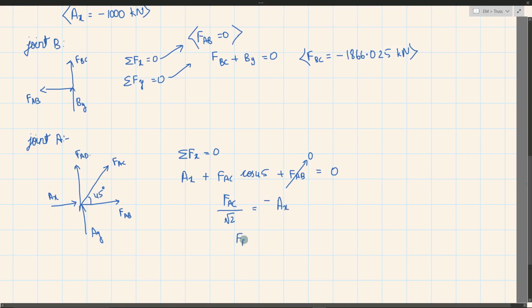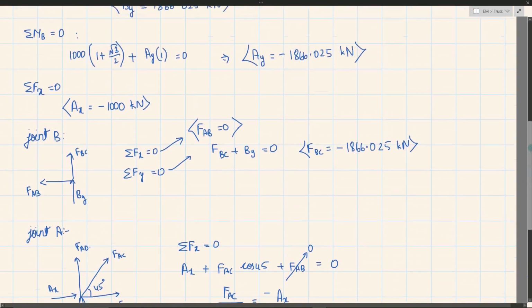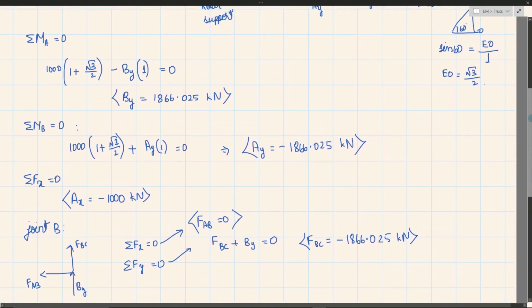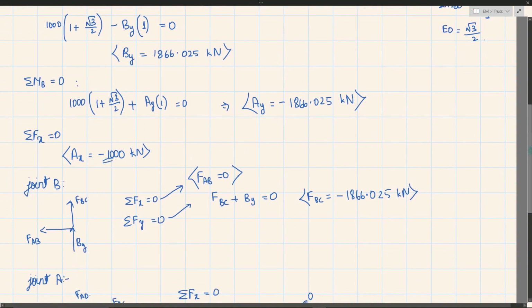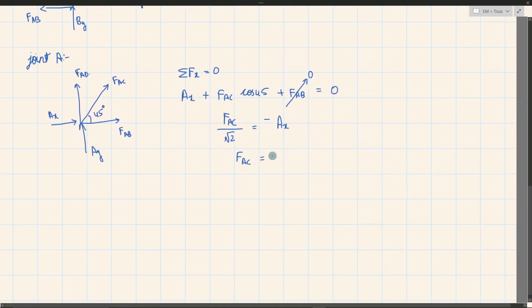FAC is equal to minus AX, and AX is minus 1000, so I can write minus into minus, plus 1000 root 2 kilonewton.